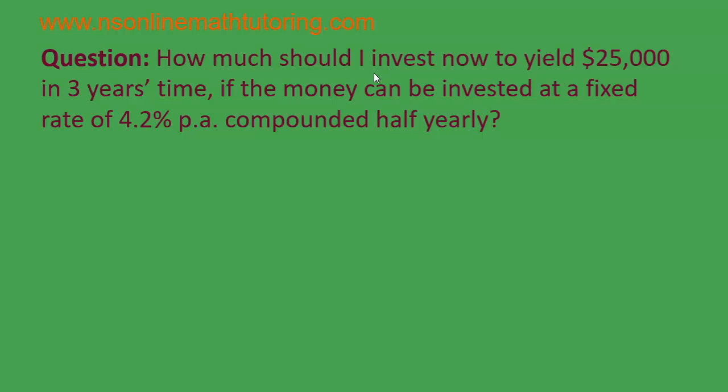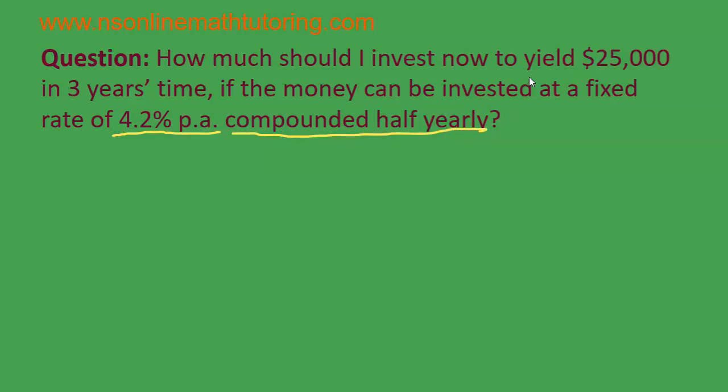How much should I invest now to yield $25,000 in 3 years' time, if the money can be invested at a fixed rate of 4.2% per annum, compounded half yearly?